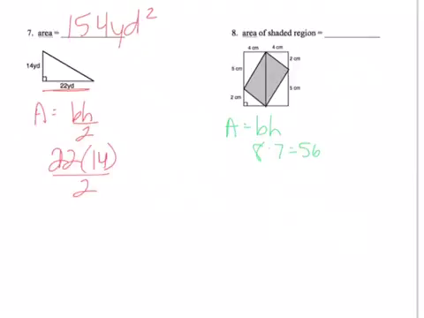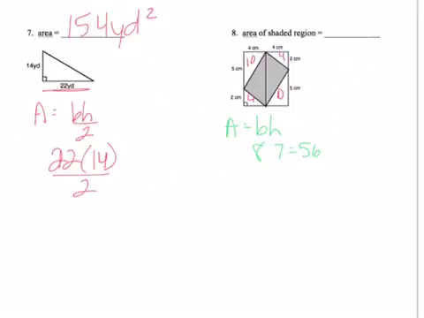So to find the area of this triangle right here, which is the same thing as this, because if this is 4, then this is 4, and that's 4, and then this is 4. So the area of this would be 4 times 5 divided by 2, which is 10. So if that's 10, then this is 10. And to find the area of this little triangle, I take 4 times 2, which is 8, divided by 2, and that would be 4.